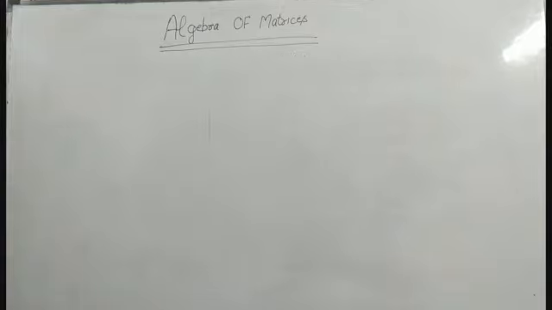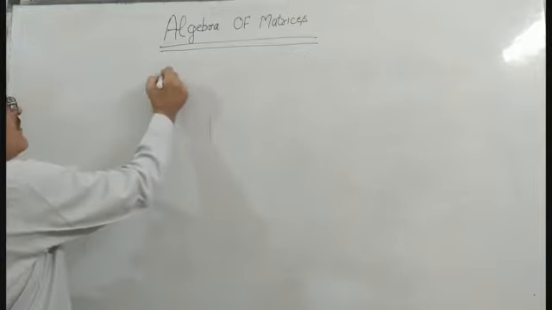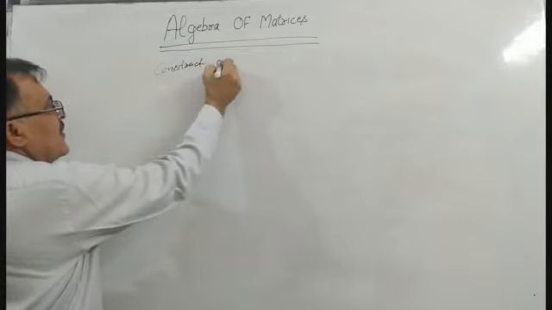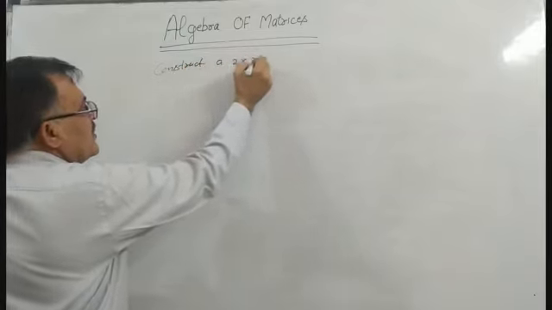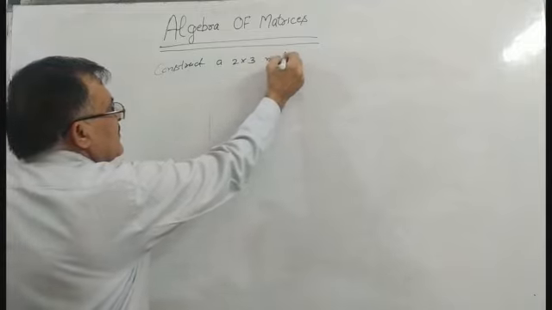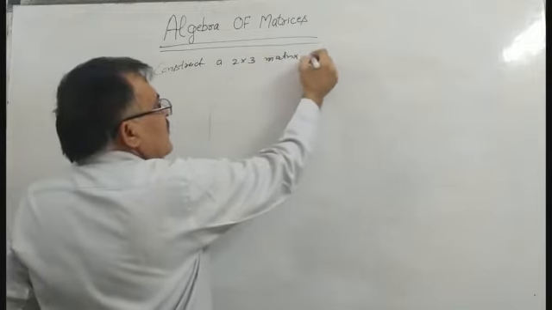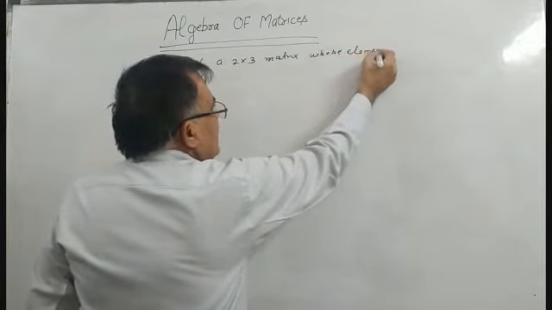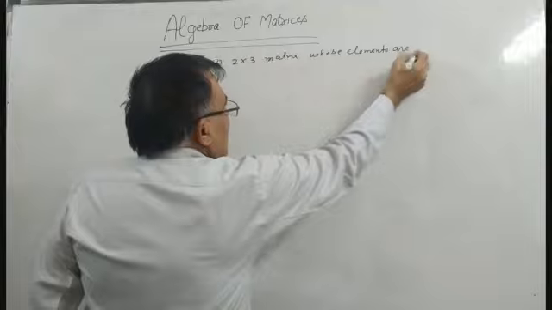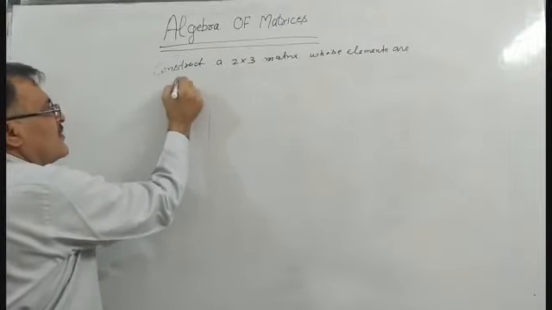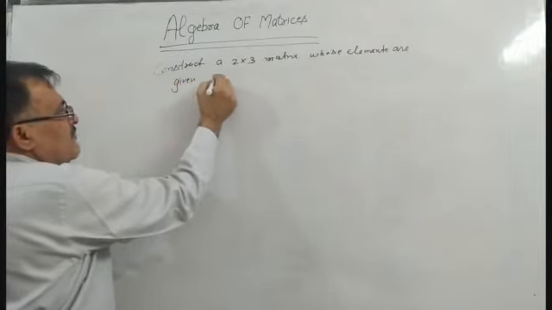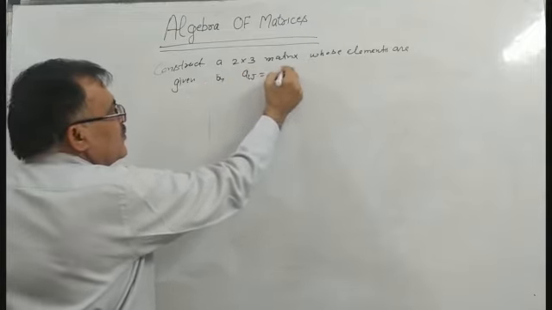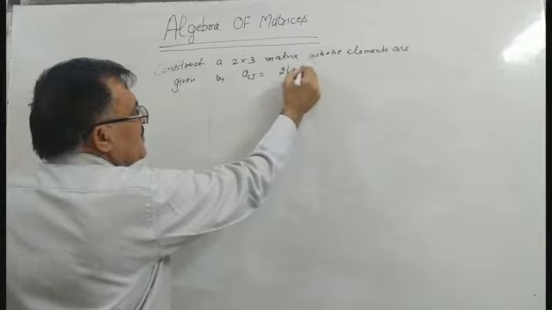I am taking an example. Construct a 2 into 3 matrix whose elements are given by Aij equal to 2i plus j.